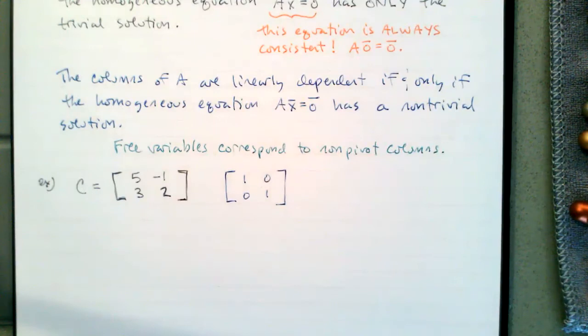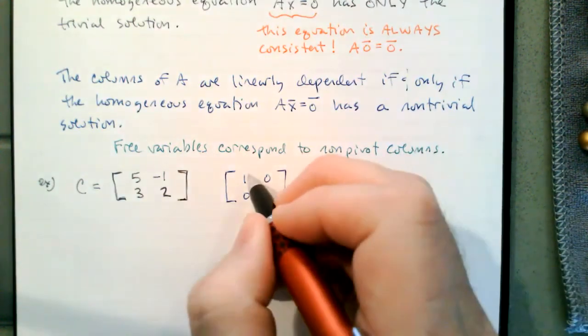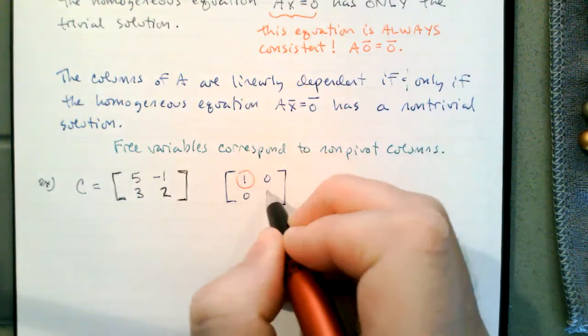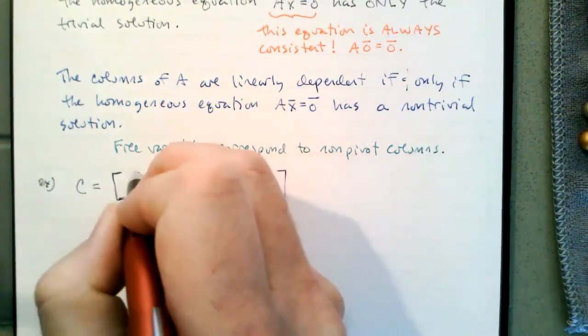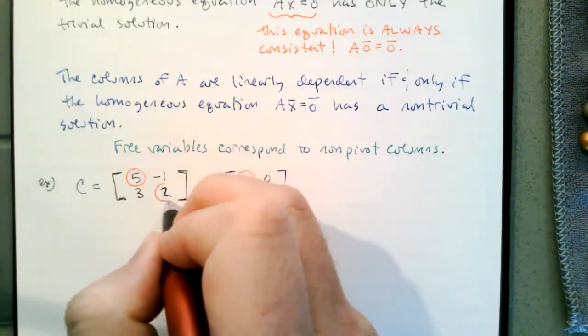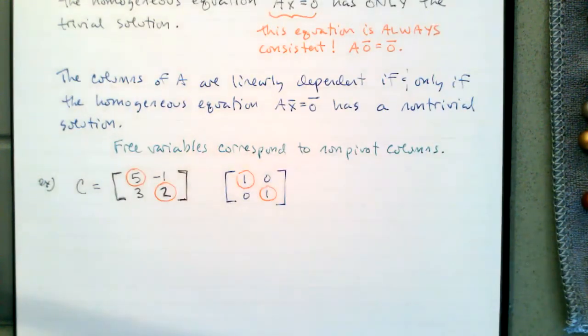So one question to think about is, how did I know that this is the reduced echelon form of this matrix without making any calculations? That's something to think about in the background while we point out the pivots. So we look at the reduced echelon form. C has a pivot in each column. Therefore, the columns of C are linearly independent.